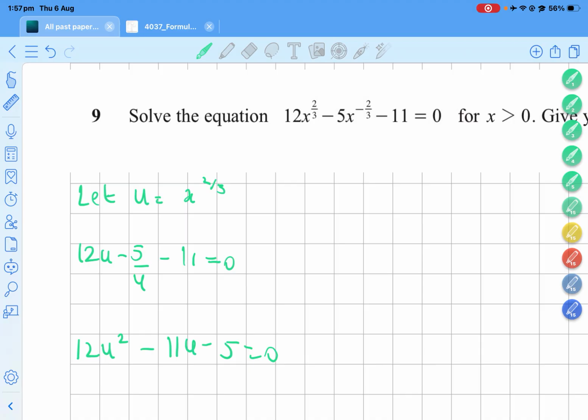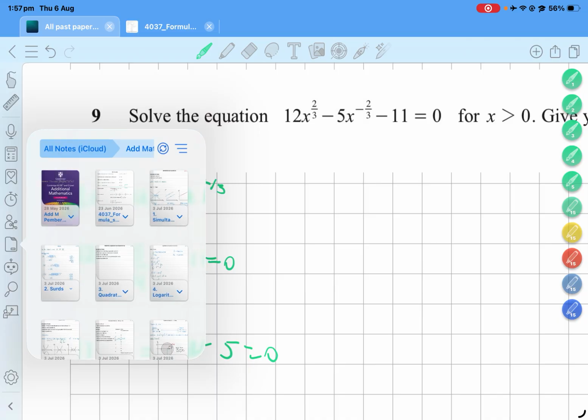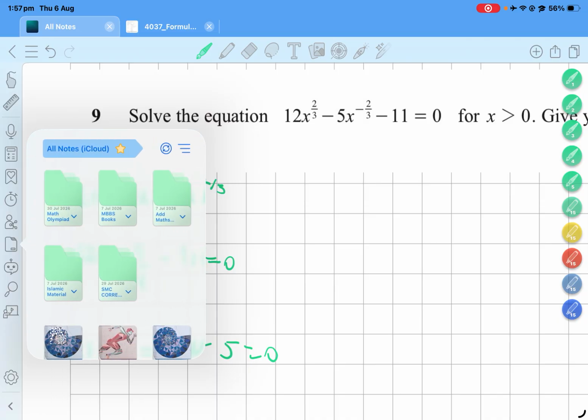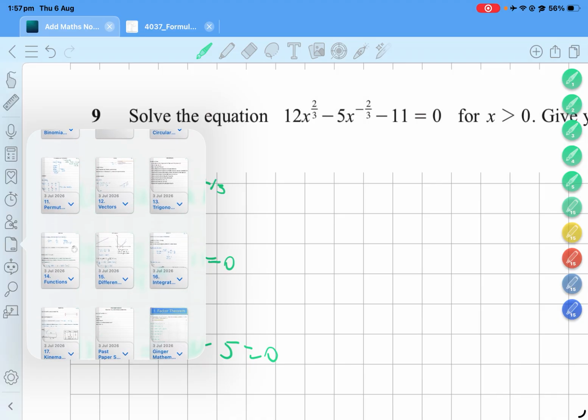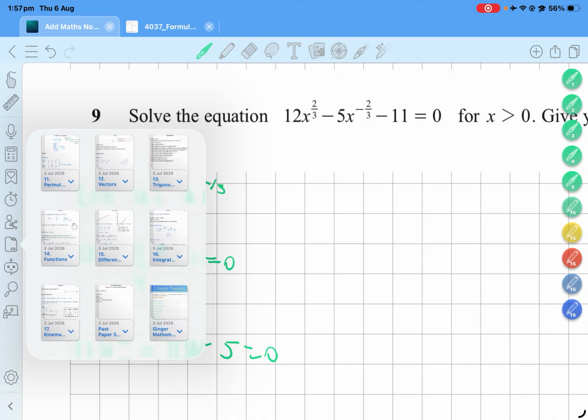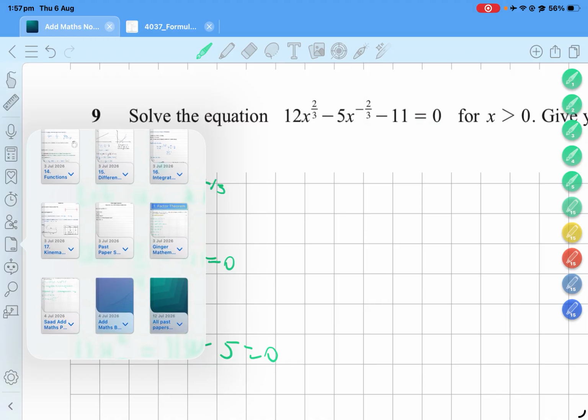So these are what we call disguised quadratics. By the way, I have a section of this called Almad Notes. I have a whole book. I have the formula sheet in this folder, and from topics like 1 to 17, I have made the notes. Then you can do this past paper session that was from Math Lead by Saad and the Ginger Mathematician.